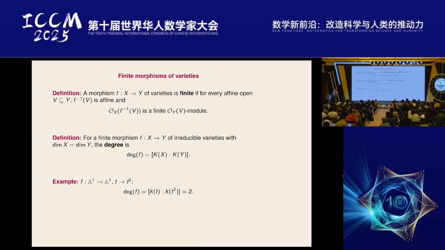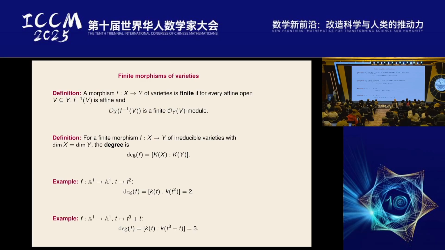You can calculate that the degree is actually 2. This is not surprising, because if you pick an element in the second A1, then the inverse image generally will have exactly 2 points, which corresponds to this degree being 2.